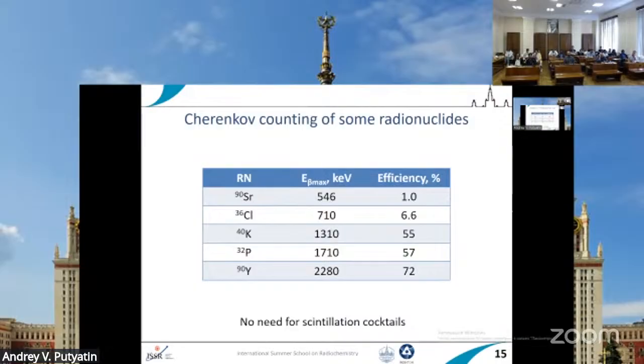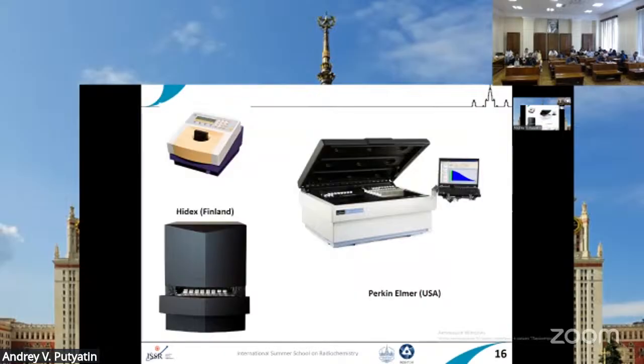And so it is a very nice technique. But there can be, of course, color quenching. If your sample is very dark, then there will be absorption of the photons by these color impurities. But normally after the destructive separation of the radionuclides, there are no colored impurities.